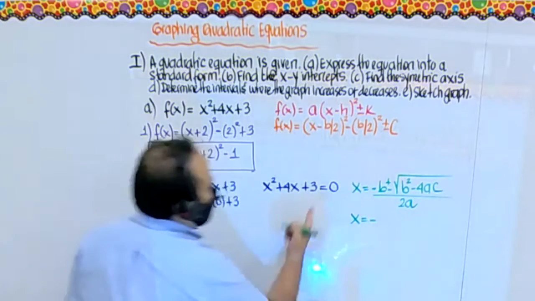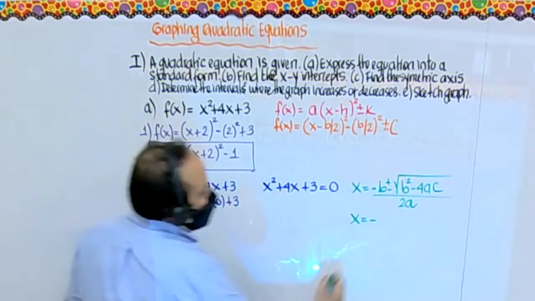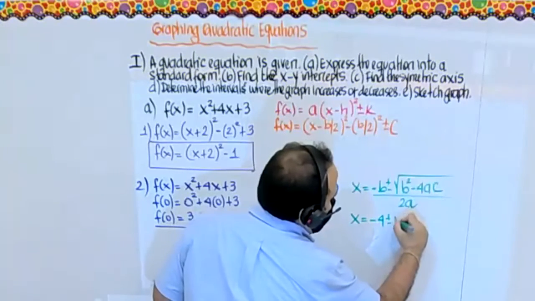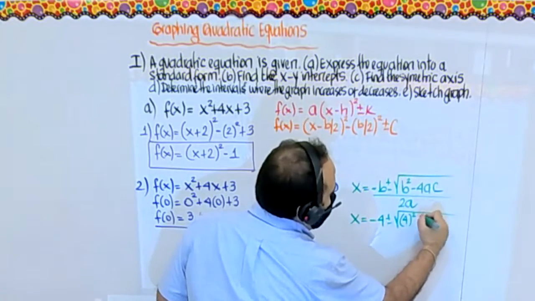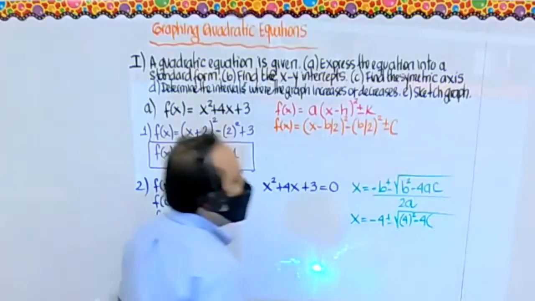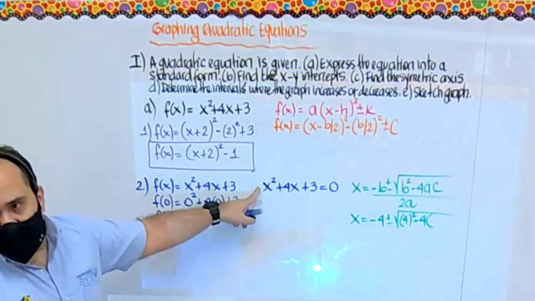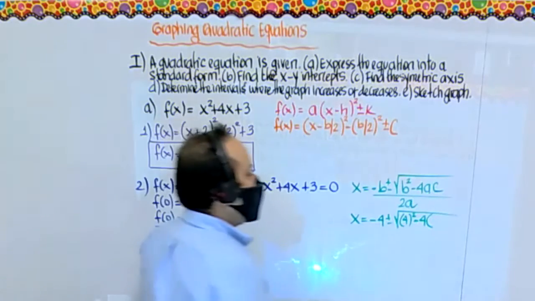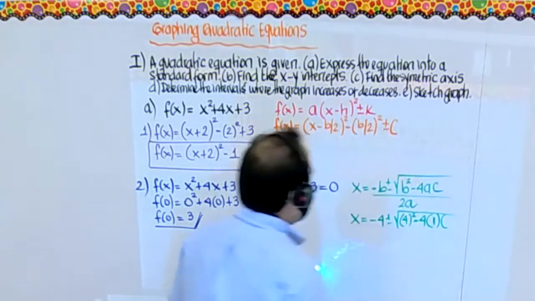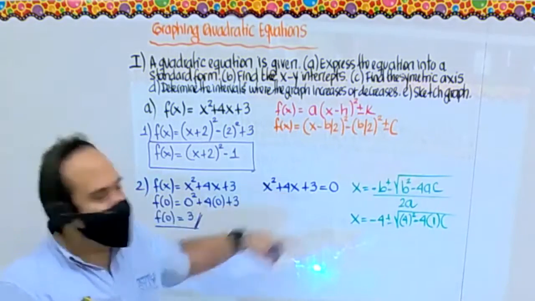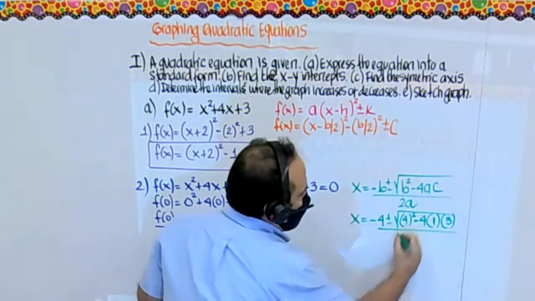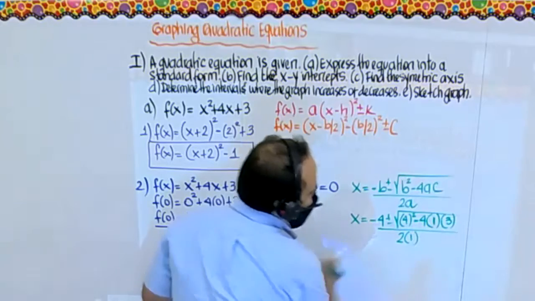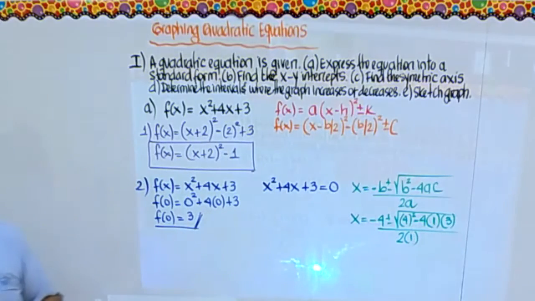For example, negative b is negative 4. Then plus or minus the square root of b, which is 4, squared, minus 4 times a, which is 1, times c, which is positive 3, and the entire expression divided by twice the number 1. Okay, understood?